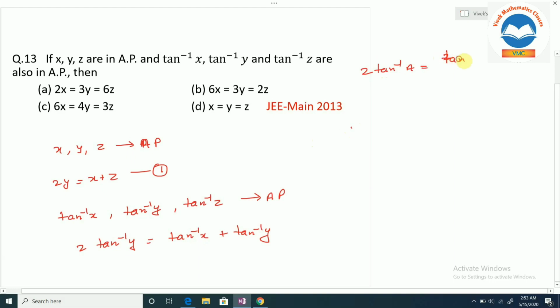Tan inverse of 2a divided by 1 minus a square. And one more formula we know, tan inverse of a plus tan inverse of b will be equal to tan inverse of a plus b divided by 1 minus ab. So we will apply both the formulas, first on the left side and second on the right side.